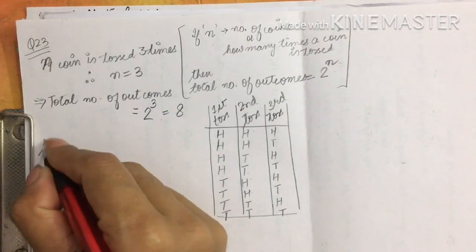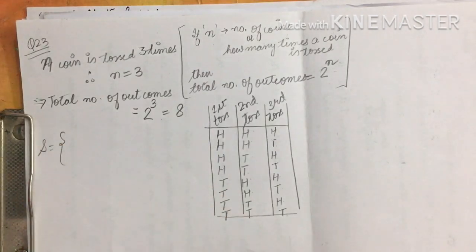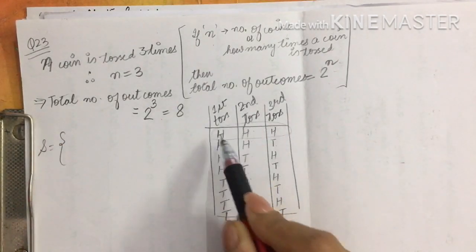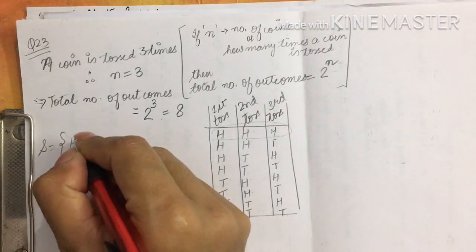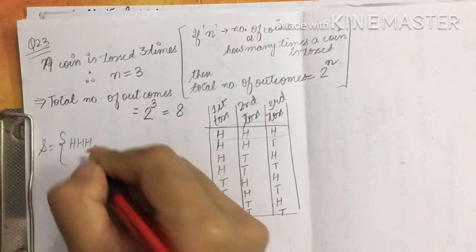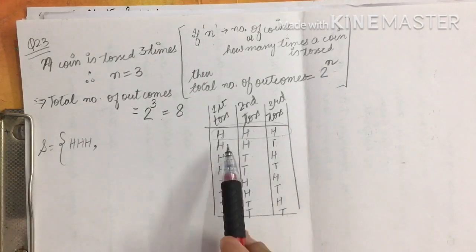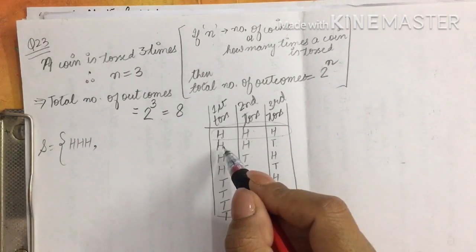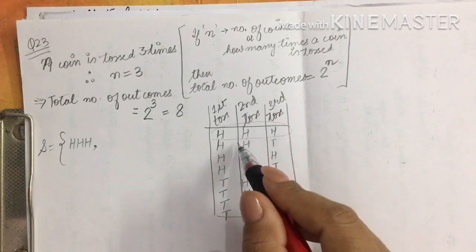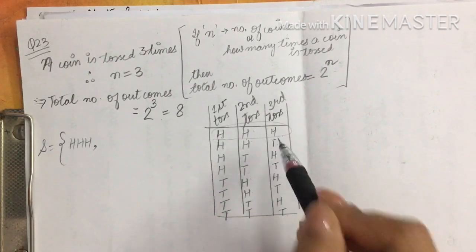Based on this, let's write down the sample space. This is the first outcome. First time heads, second time heads, third time heads. So to write down the outcomes for the tosses, we will put them together: H, H, H. And then for the second outcome, we got heads, heads and tails.